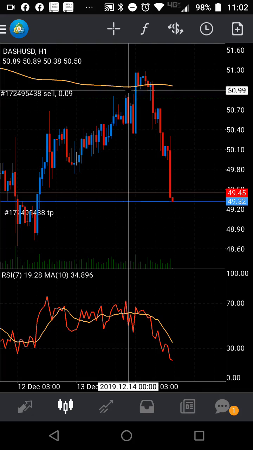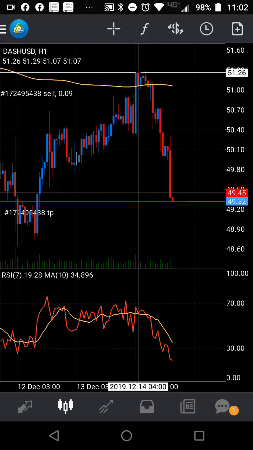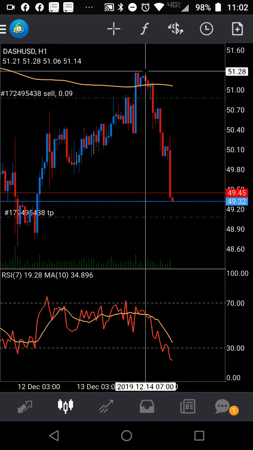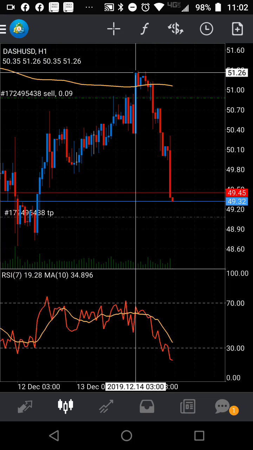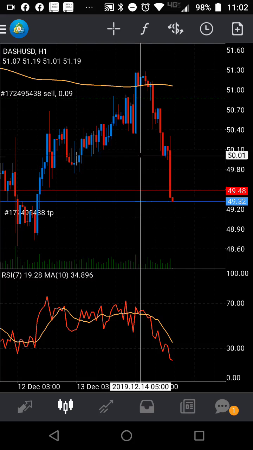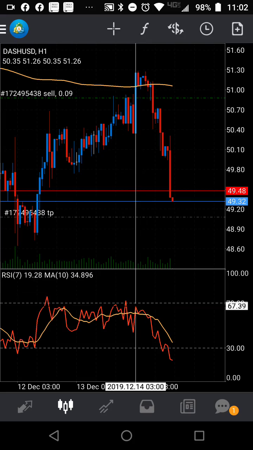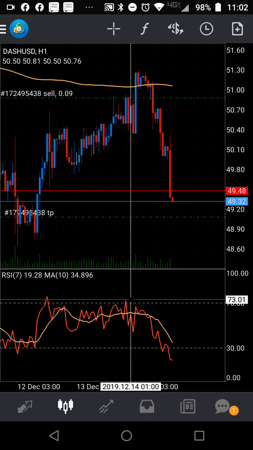Now look at as the chart went up to the 52 mark or 51.2 mark, that means one Dash was worth $51.26. And you go all the way down here, the RSI had fallen. Now it's around 66.